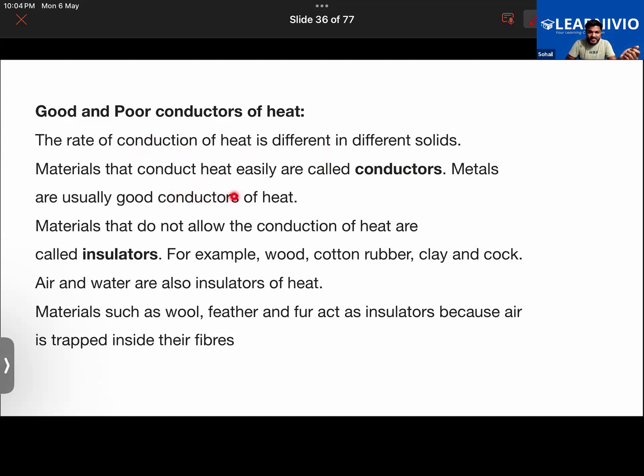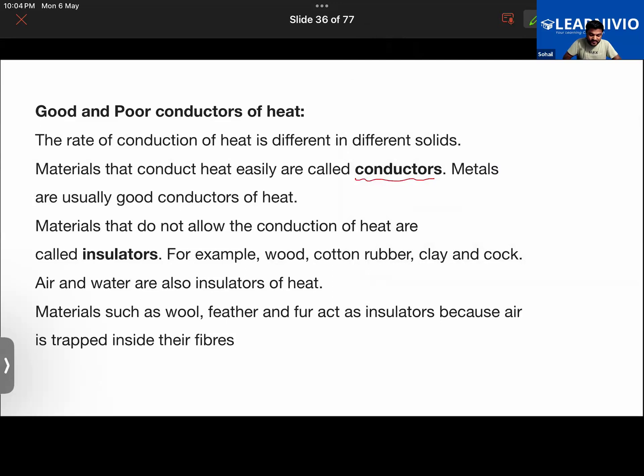Materials that conduct heat easily are called conductors. By conduct, it means whether it allows heat to pass through it or not. Metals allow heat to pass through, so they become warm, they become hot. So they are called conductors of heat.